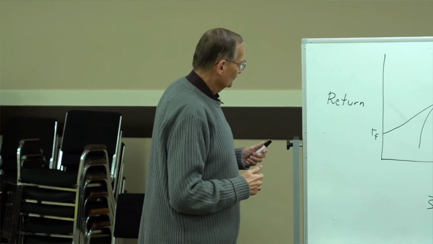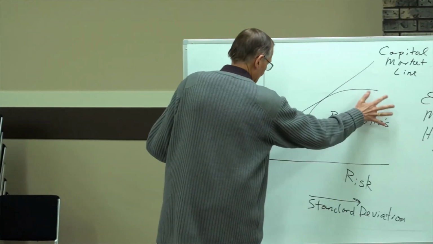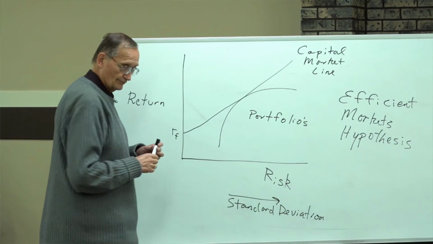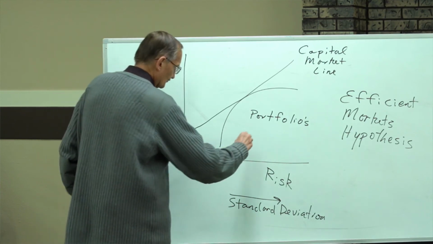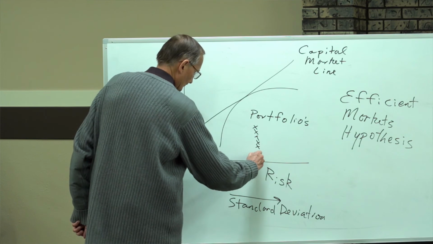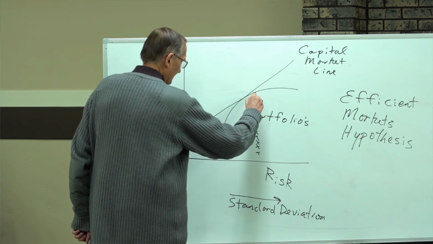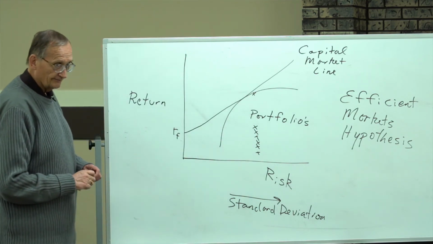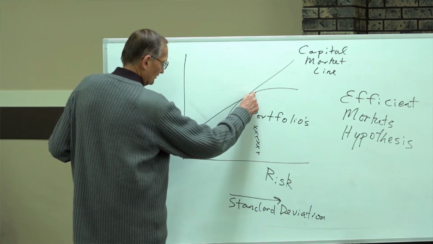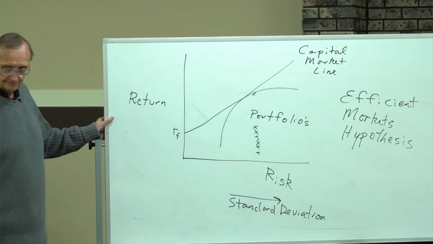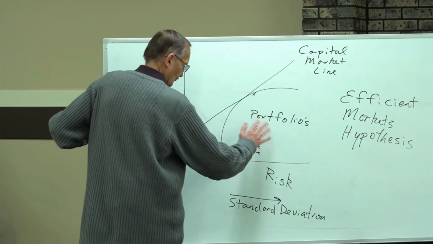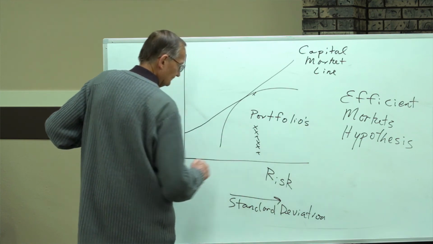Okay, so there's all these portfolios in here that exist that have certain return risk relationships. There's columns of single stocks or portfolios of 10 stocks. They're all in here. And the best one, the very best one for that level of risk is up here at the top. So all along here, there's columns of portfolios. That whole area is filled in.